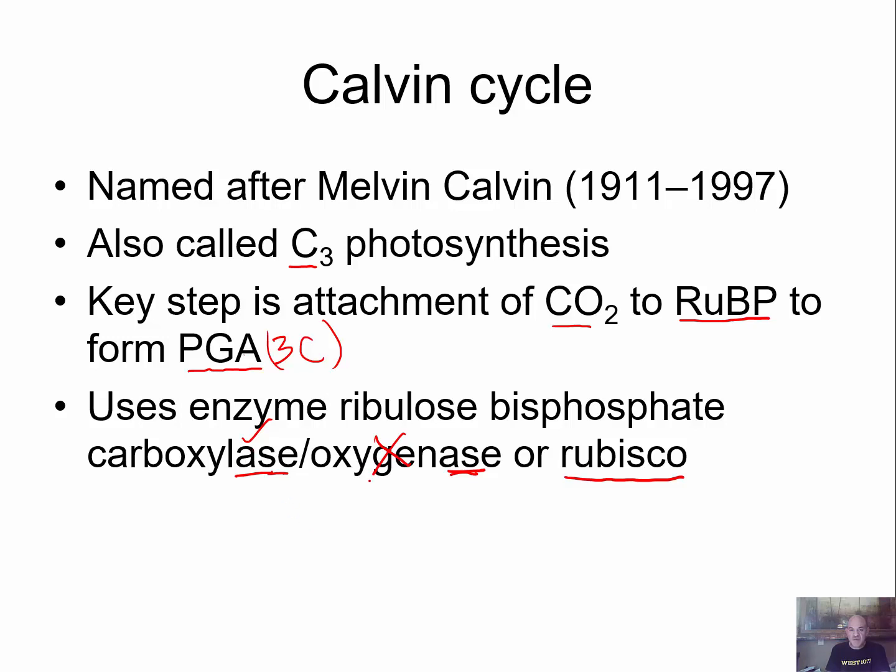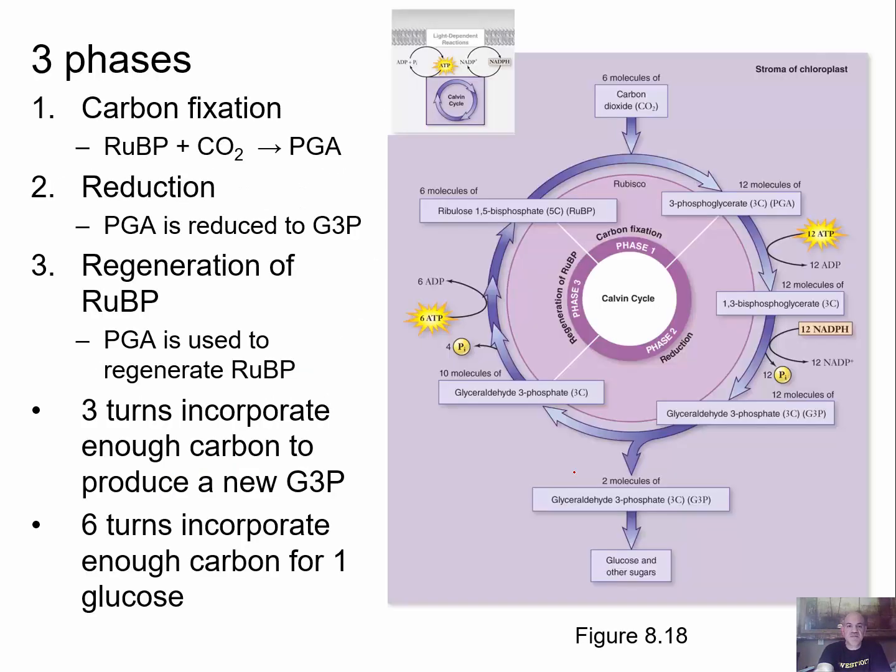If you have too much oxygen, the enzyme ends up oxidizing stuff, and what we want to do is reduce stuff, and we can do that by carboxylating our molecules. So this is the one that we're going to be following, but overall the enzyme is called Rubisco, and it's probably the most abundant molecule on the planet, since all plants on Earth and photosynthetic algae use this enzyme and the molecule ribulose bisphosphate to fix carbon dioxide.